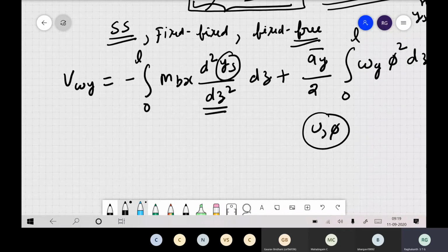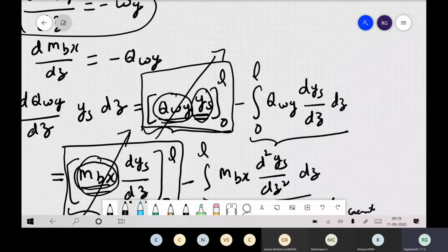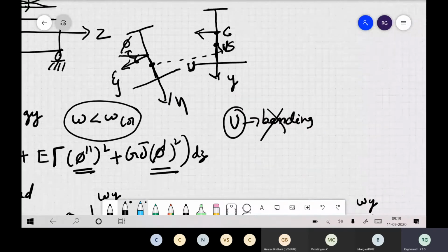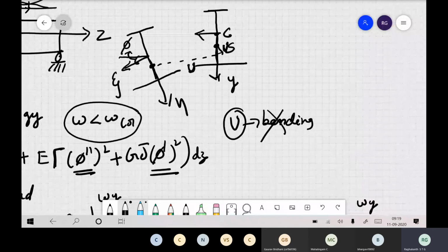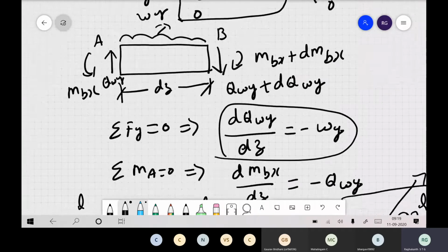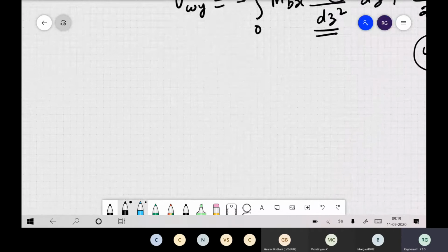It's very easy, you can easily find out the relationship between ys and u, v. This is our shear center, and this is our ys. The relationship between v, u and your ys you can find out from phi. Just the algebra itself you have to do.